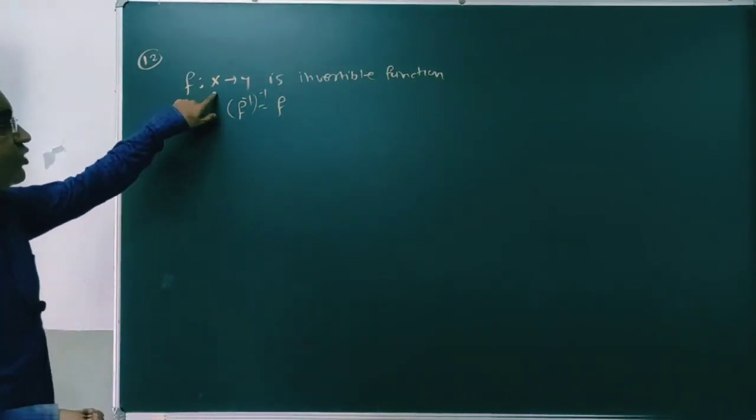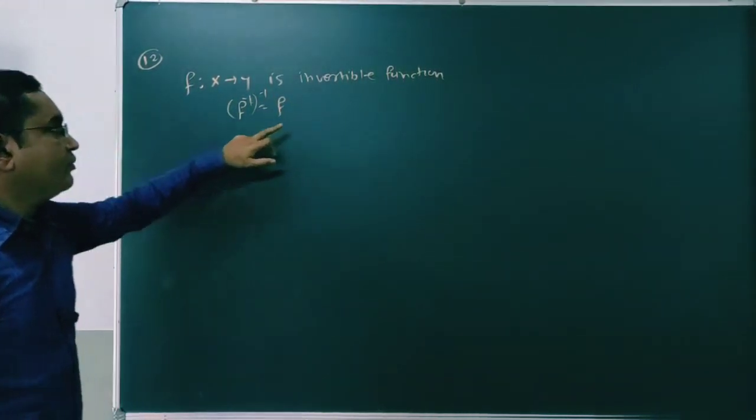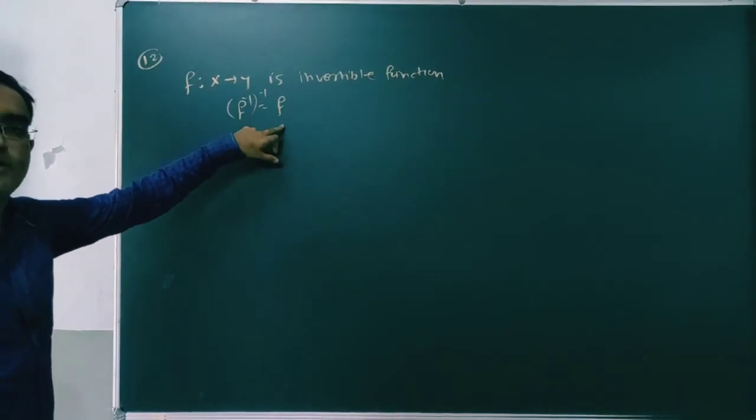So function f from x to y is an invertible function, it is given. Prove that the inverse of inverse is the function itself.